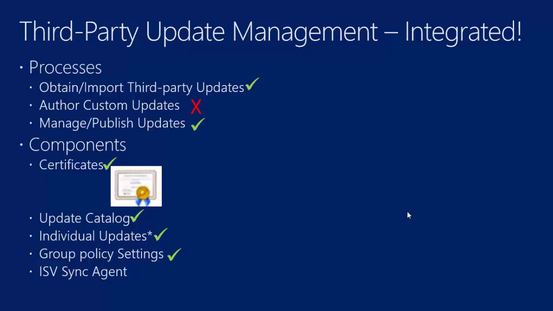Now, within a catalog, there might be different types of updates, and certainly there you can pick and choose which ones you want to deal with and synchronize to ConfigMgr.